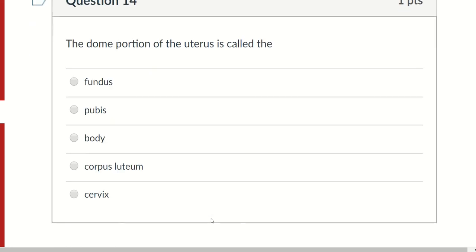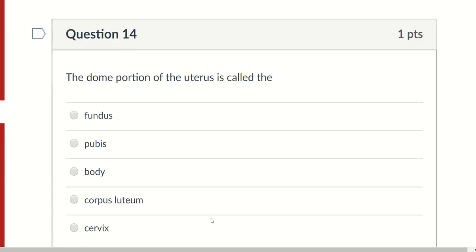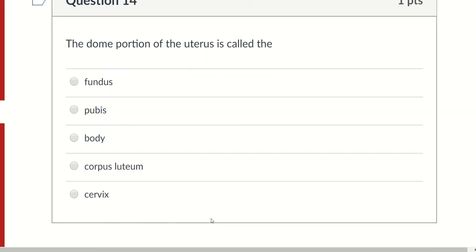All right, two more. We'll do these together. The dome portion of the uterus is called the dome portion. What is it, guys? Cervix? That's neck.